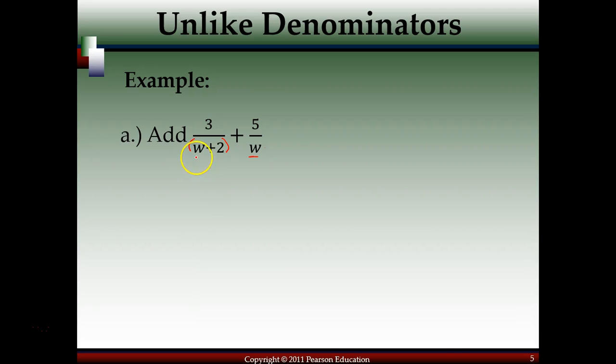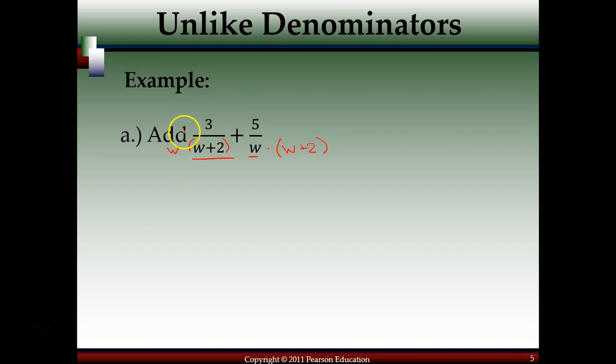So this right here, we just need to multiply by a factor of w and this one by a factor of w plus 2. And whatever we do to the denominator, we have to do to the numerator.